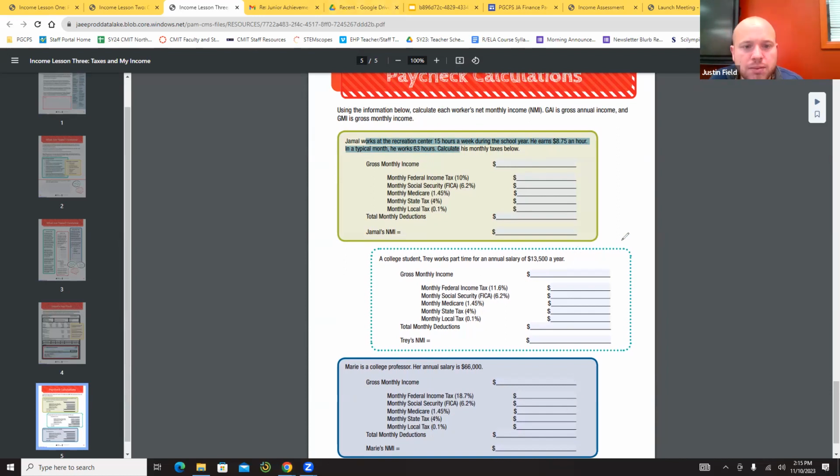So Jamal works at a recreation center 15 hours a week during the school year. He earns $8.75 an hour. In a typical month, he works 63 hours. Calculate his monthly taxes below.